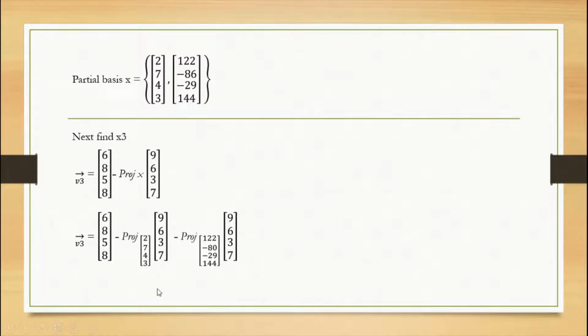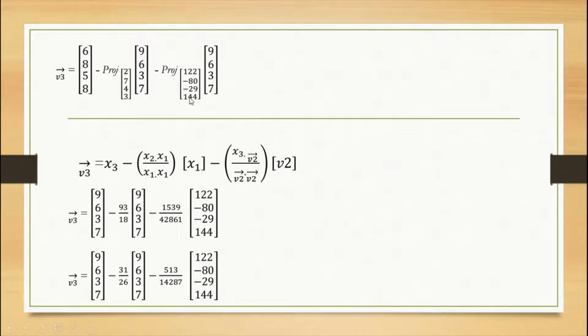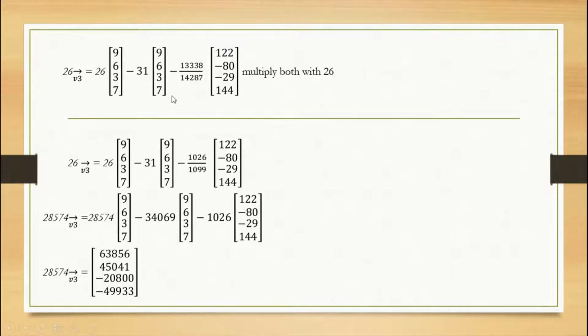After that we will get this form, and then we will use this formula to calculate. We enter all the numbers, and lastly we get vector 3, which is this.